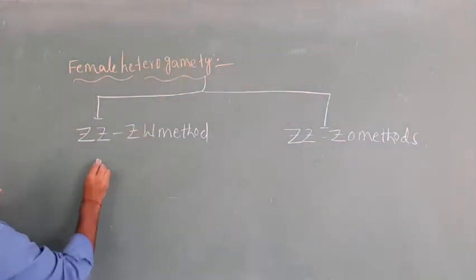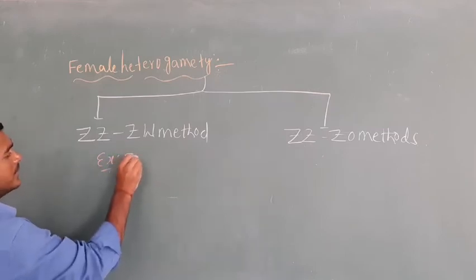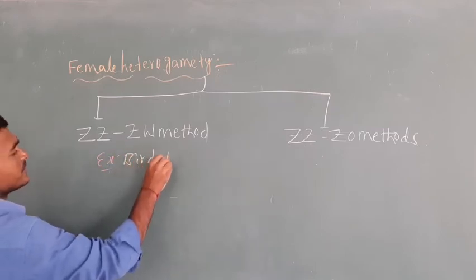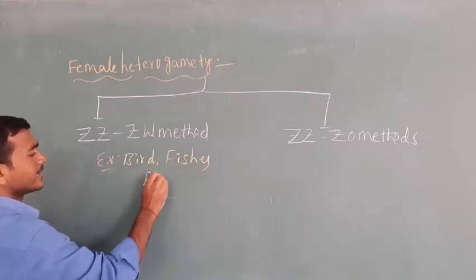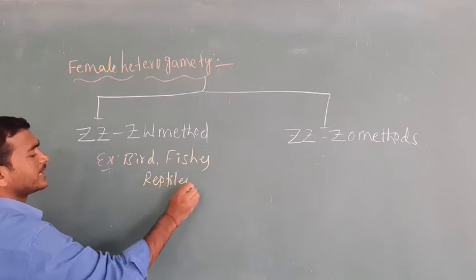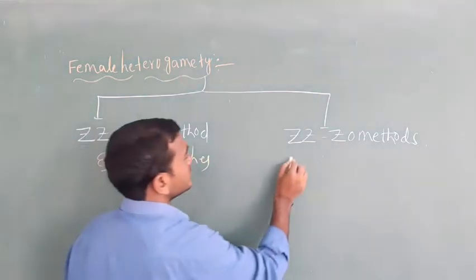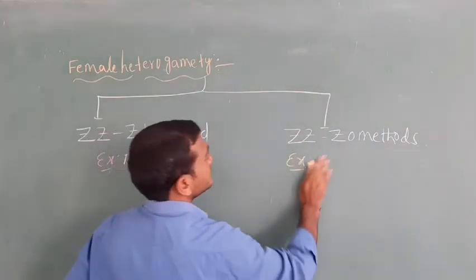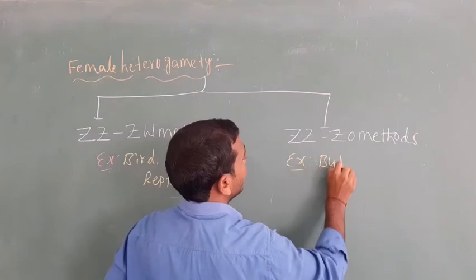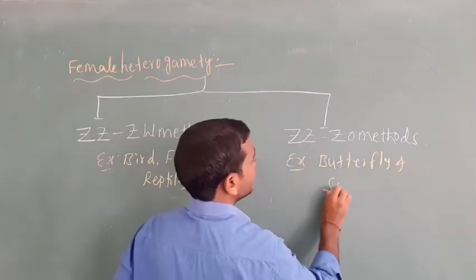The ZZ, ZW method is an example of which ones? The birds, fishes, and reptiles. It is very important. It was a 2019 entrance bit. For ZZ, Z0, sorry, the examples are butterflies and some insects.